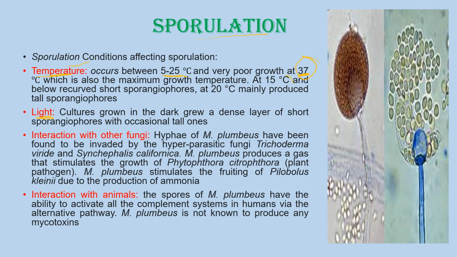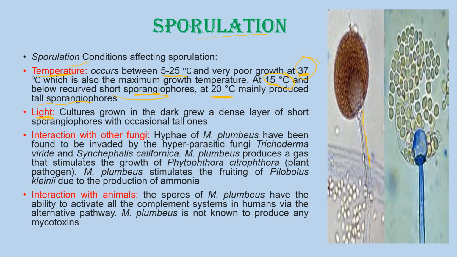At a low temperature like 15 degrees C, sporangia are formed, but the sporangiophores are very short, whereas at 20 degrees C the sporangiophores are tall.